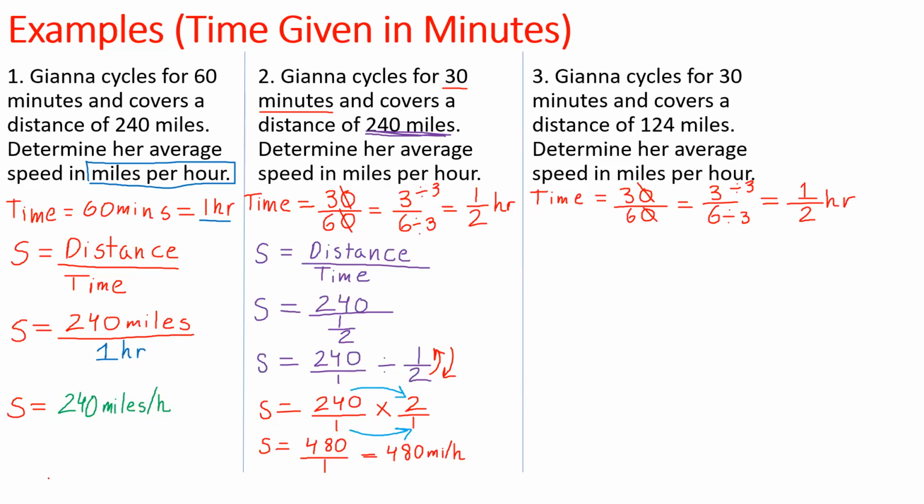But we still need to find the speed, right? So speed is going to be equal to distance divided by time.